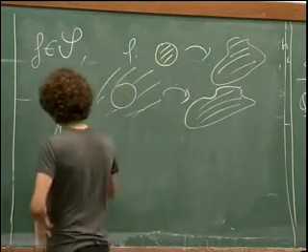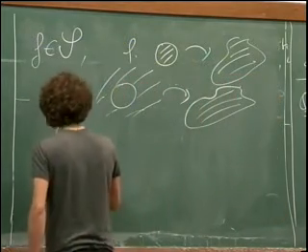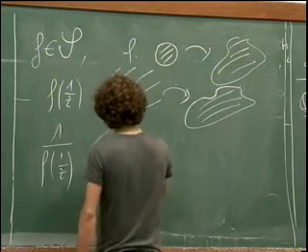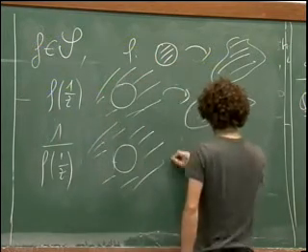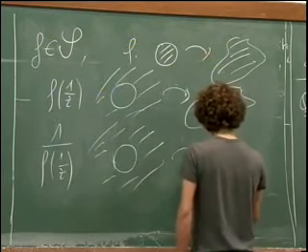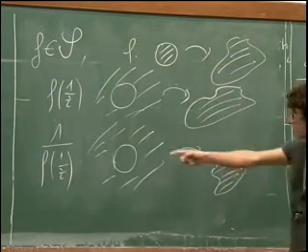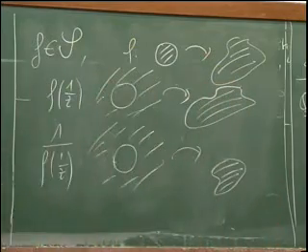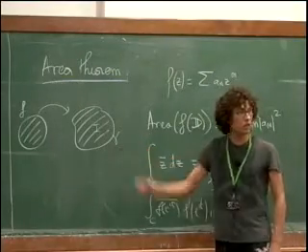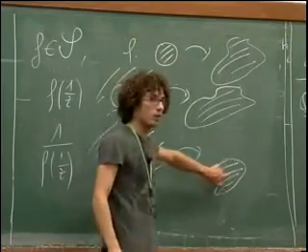Then 1 over f of 1 over z sends the complement of the disk to something. When you look at this function, you apply exactly the same idea as here, and you can compute the area of this thing.